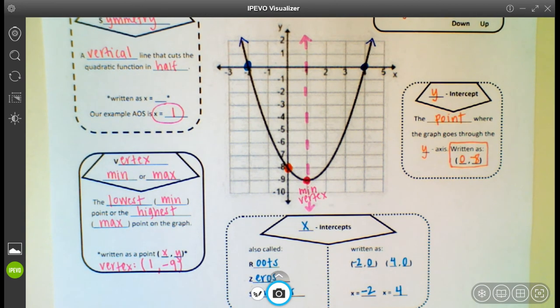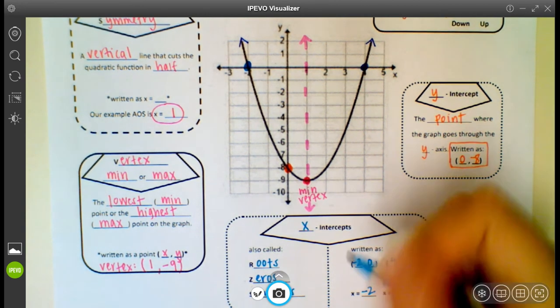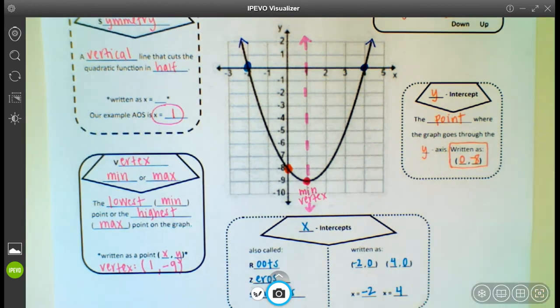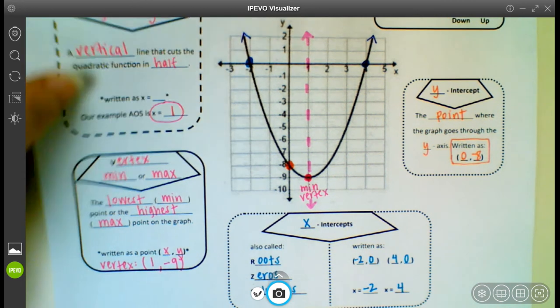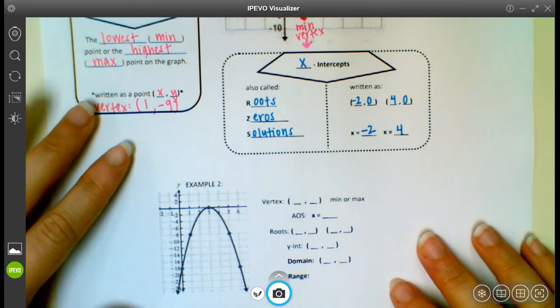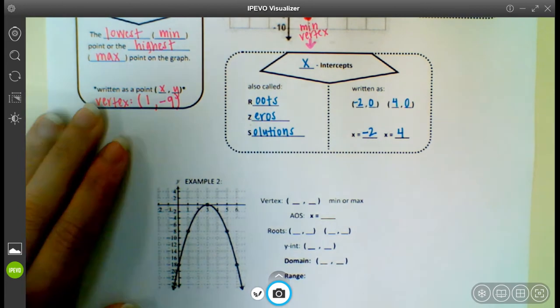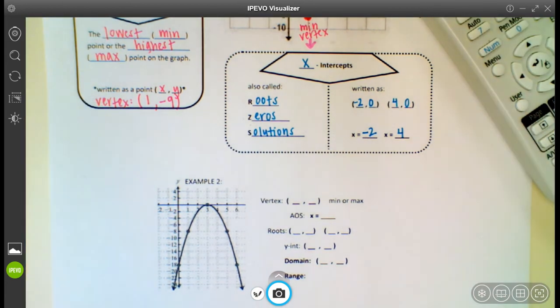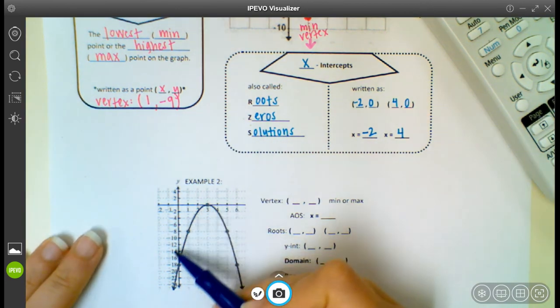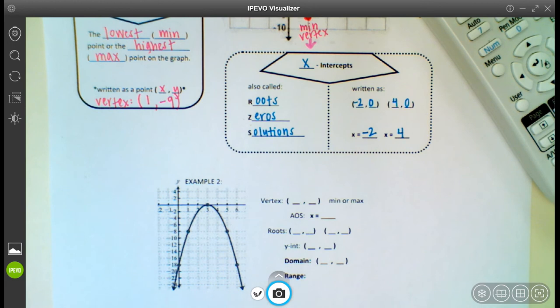So those are your key features of our parabola or a quadratic. And so now let's do one more example, and then you guys are going to practice a little bit for us. So example number 2 is down here at the bottom. So let's quickly identify some of these pieces. So first and foremost, let's talk domain and range. So domain, how far to the left does this parabola keep going?